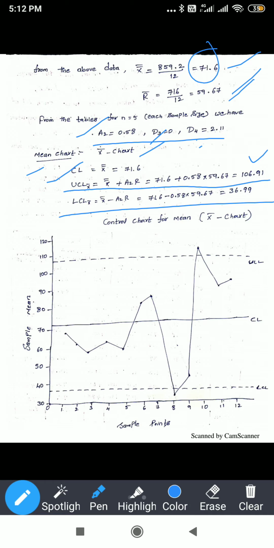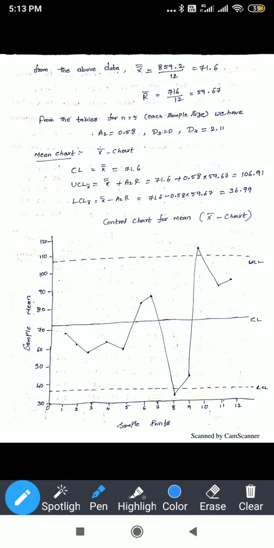For LCL, instead of plus you keep minus, then you got LCL as 36.99. So first draw the x double bar value, that is the control line, and the upper control and lower control lines, and keep the sample points on the x-axis and the sample mean on the y-axis.